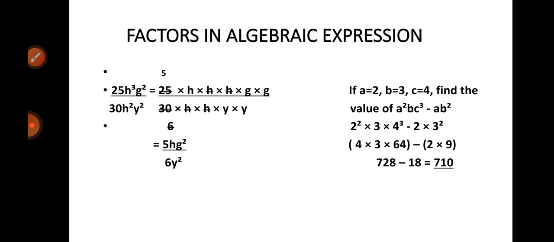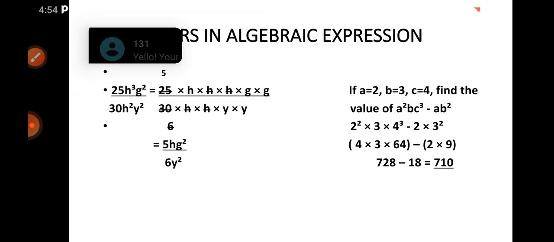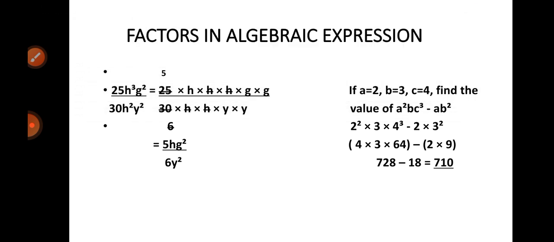This will be equal to 25 times h times h times h, times g times g, all divided by 30 times h times h times y, because y is to the power of 2.